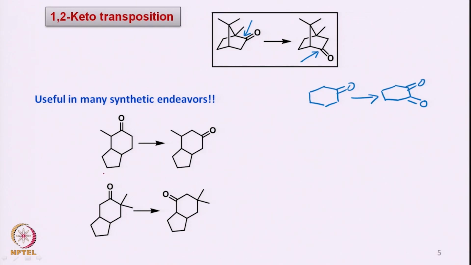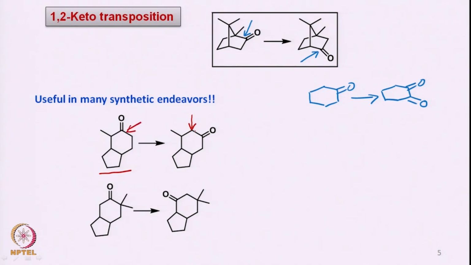For example, if one takes an example of this kind, and wants to carry out some transformations at this position, one possibility of course is to directly functionalize this carbonyl group.